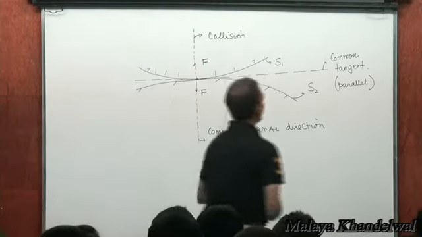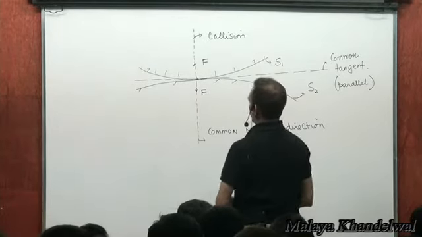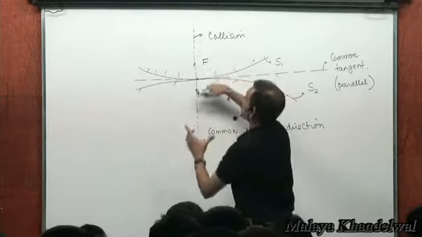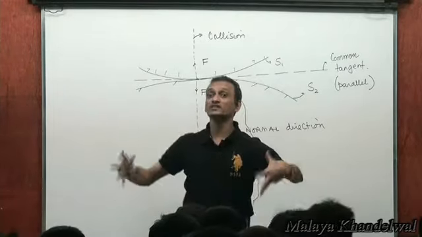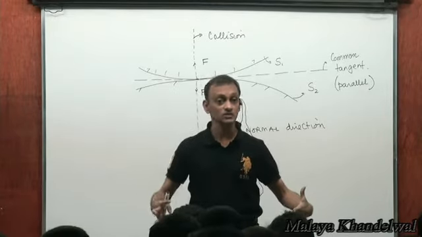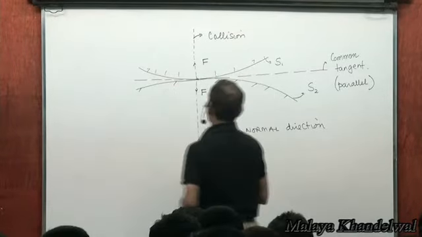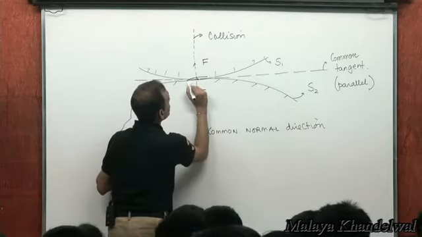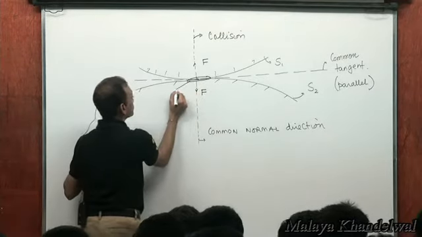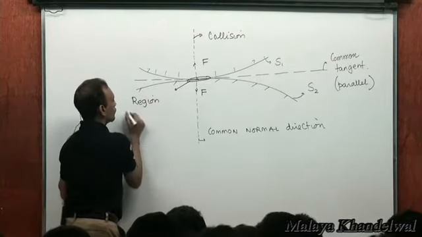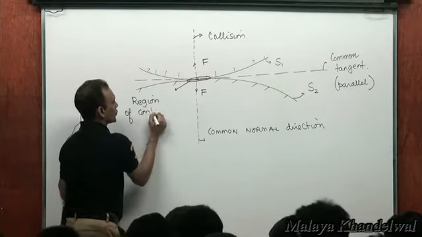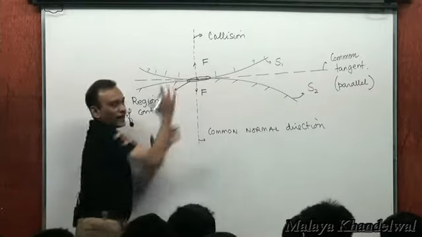Now, when they exert forces on each other in this direction, then what really transpires is that their area of contact, their region of contact, this is the region of contact.